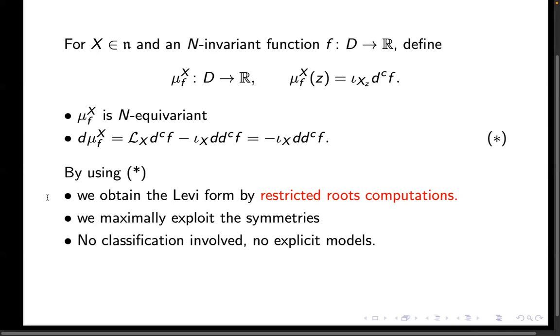So the computation of the Levi form or dd^c f is reduced to a computation with restricted roots. So no classification and no models. So that's maybe the nice thing about this method.